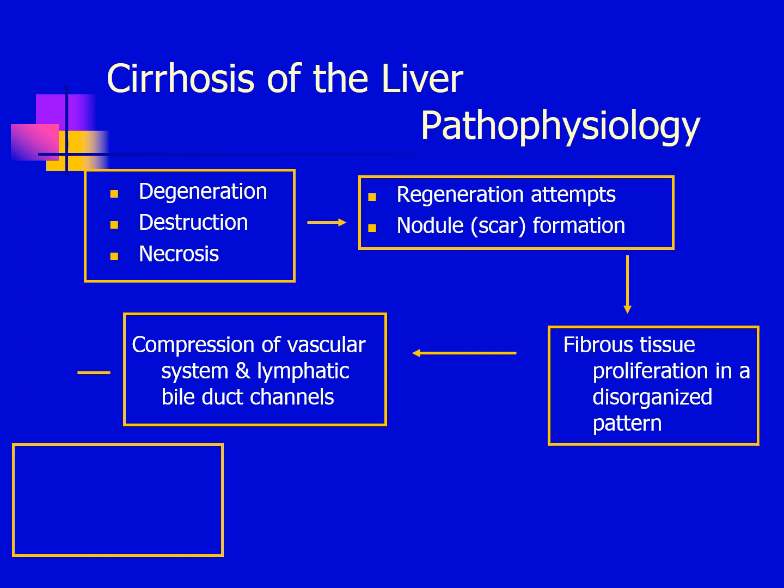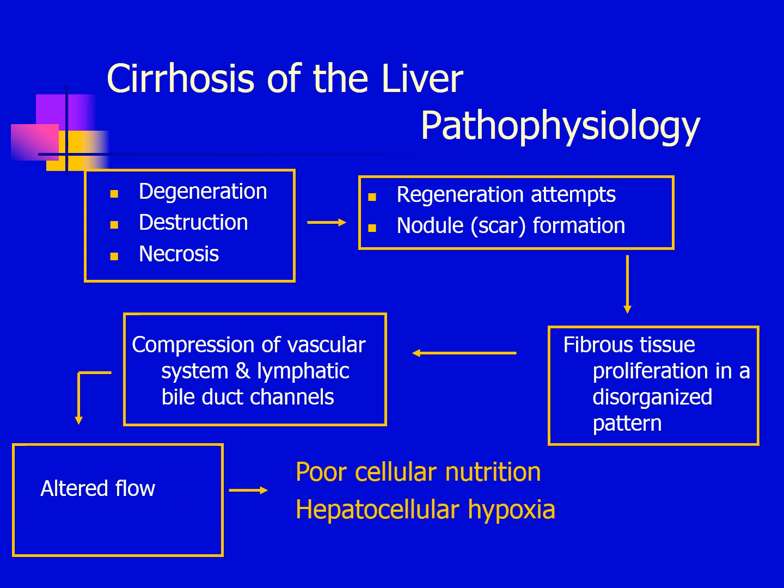That leads to altered flow, right? That would lead to poor cellular nutrition, leading to hepatocellular hypoxia. Remember all the blood flow that goes to the liver? So this process is going to be hindered. So cirrhosis of the liver, it's not a good thing. Next slide.